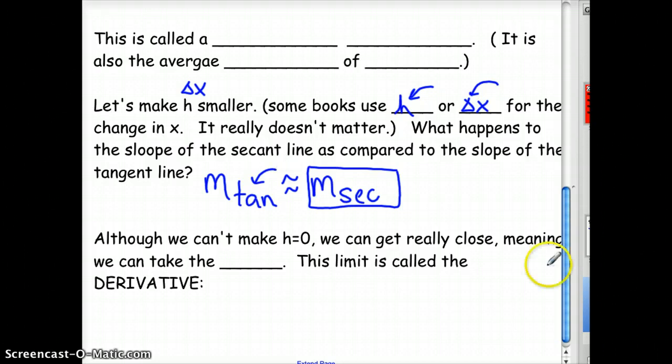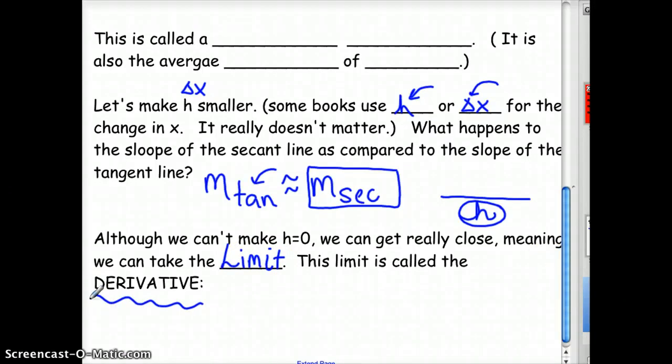Although you can't make h 0, because in our difference quotient h is on the bottom and we can't divide by 0, we can get really close. On Friday we talked about how that means we can take a limit as h approaches 0. This limit is called the derivative.